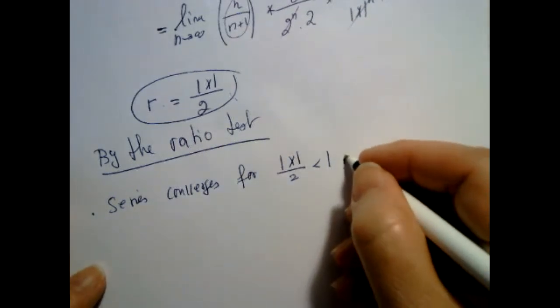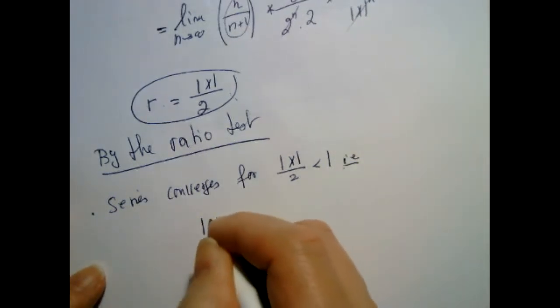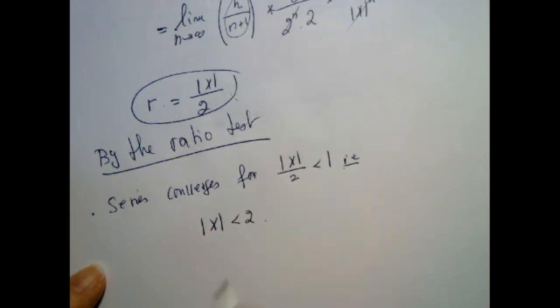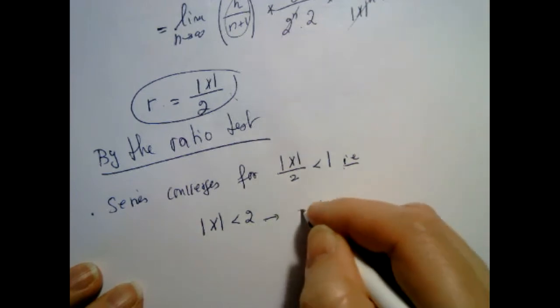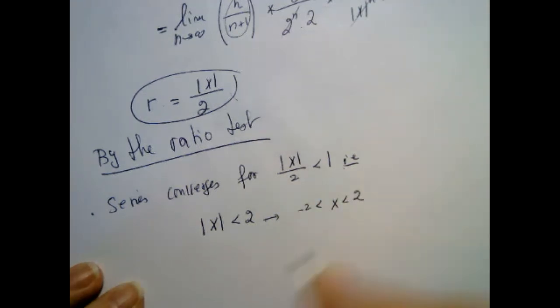What does this mean? It means when the absolute value of x is less than 2. But when is the absolute value of x less than 2? It means when x is between -2 and 2.